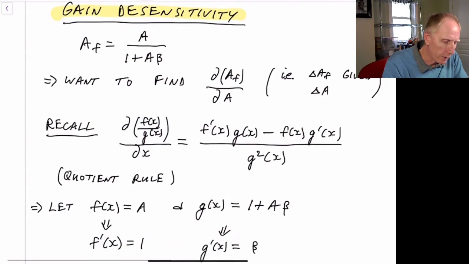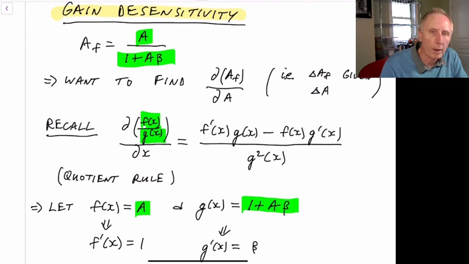In this case, we have that f(x) in the numerator is equal to A. The denominator g(x) will be 1 plus A beta, because that's the denominator up here.